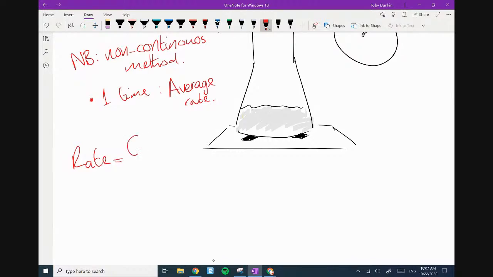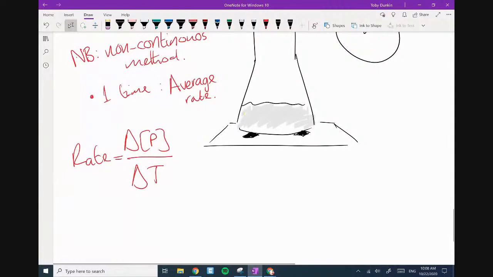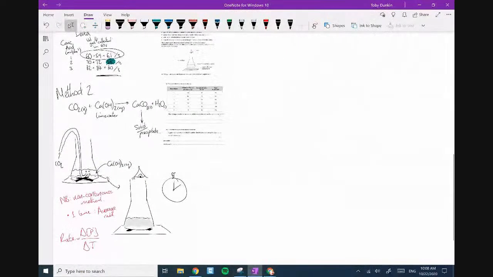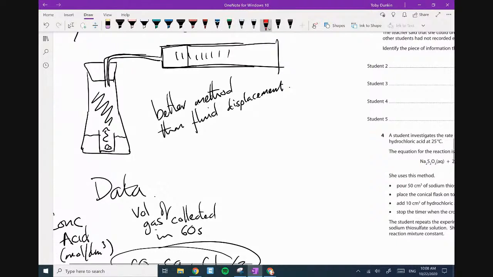Because rate, we remember from the last lesson, is change in the concentration of product over change in time. Usually we can measure this, like in the gas collection method. This works super well, because I can work out the change in the concentration of product from the change in gas volume.